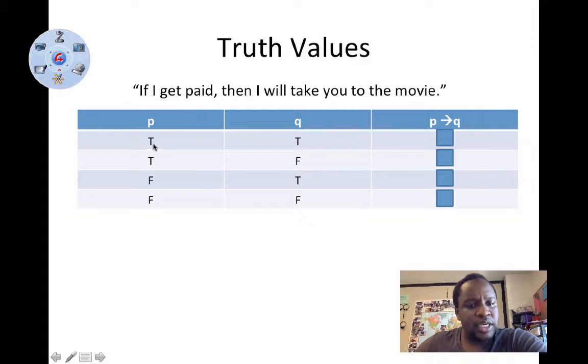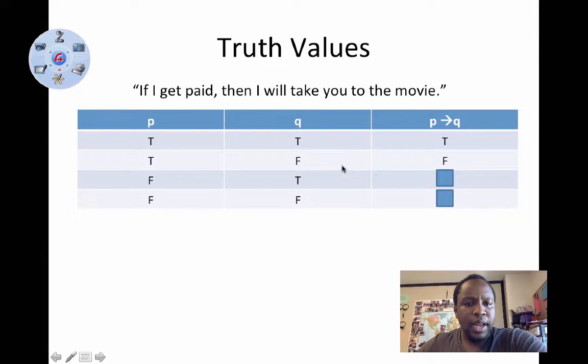So if the hypothesis is true and the conclusion is true, then the conditional statement is true. So if I do get paid and I take you to the movies, this conditional statement is true. Now, if I get paid and then I don't take you to the movies, that would be a false statement.